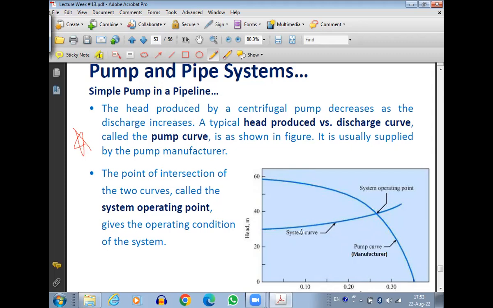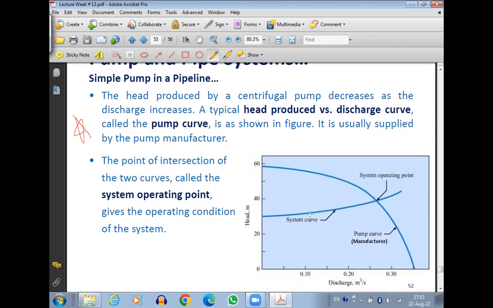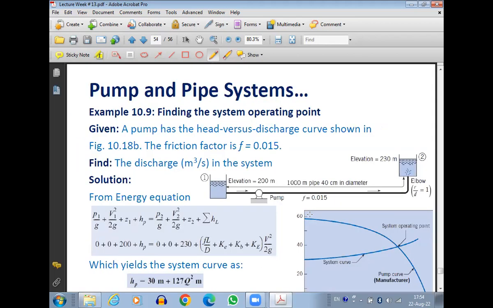The point of intersection is the system operating point. Both curves are produced on head versus discharge figures, and their point of intersection will give you the system operating point. This is a point for you to remember.